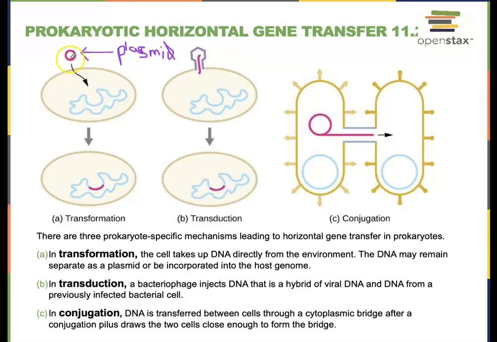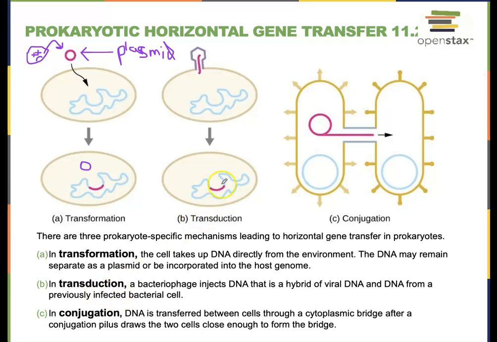So maybe this came from some bacteria over here that died. It had that plasmid, and the plasmid came out as it was dying, and now we have this little plasmid hanging out. Some bacteria are just able to absorb it. They can take that in, and then they can incorporate it into their own genome. They can also just keep it as a plasmid, but they snatched it up from the environment. So that's called transformation. They can pick up DNA directly from the environment.